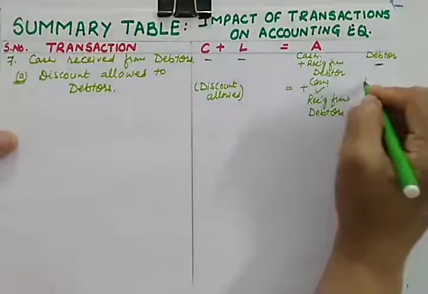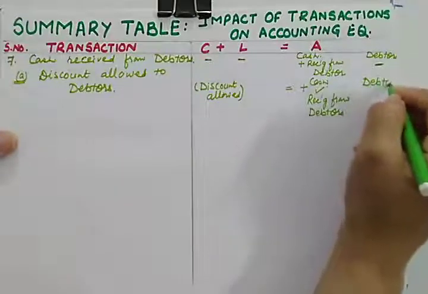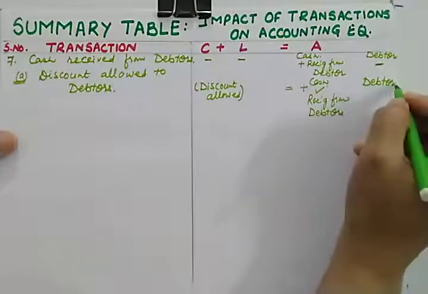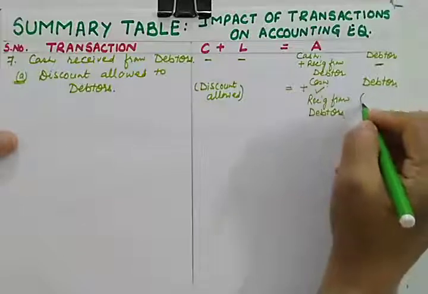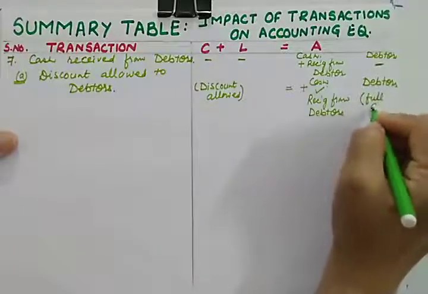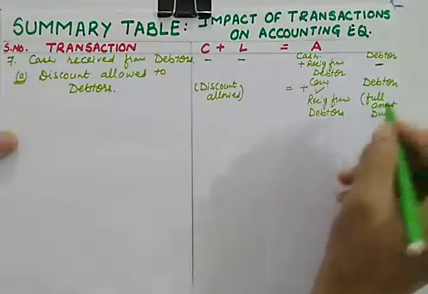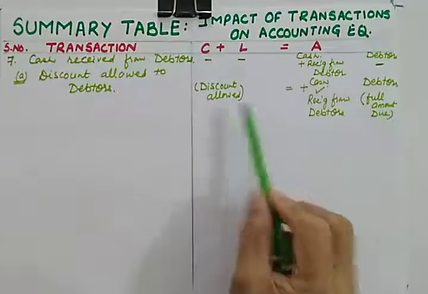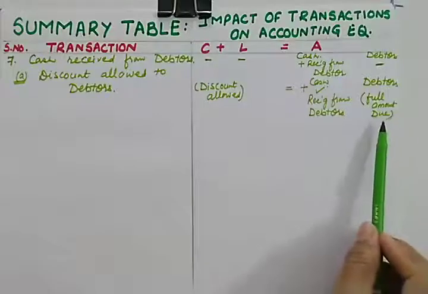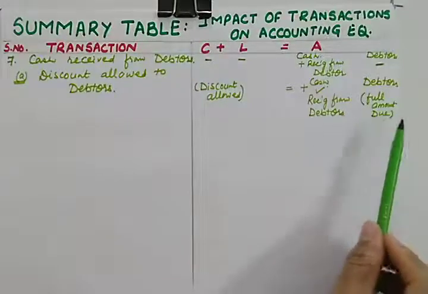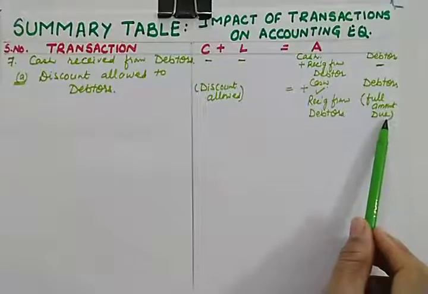But this is very important, please pay attention here, that your debtors will be reduced with the full amount due. Even if you are allowing discount to your debtors, debtors will reduce with the full amount because you cannot claim the money again.